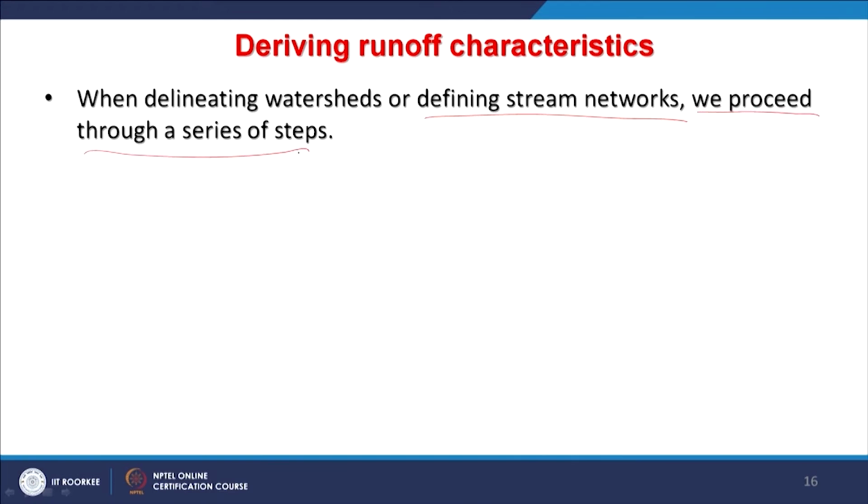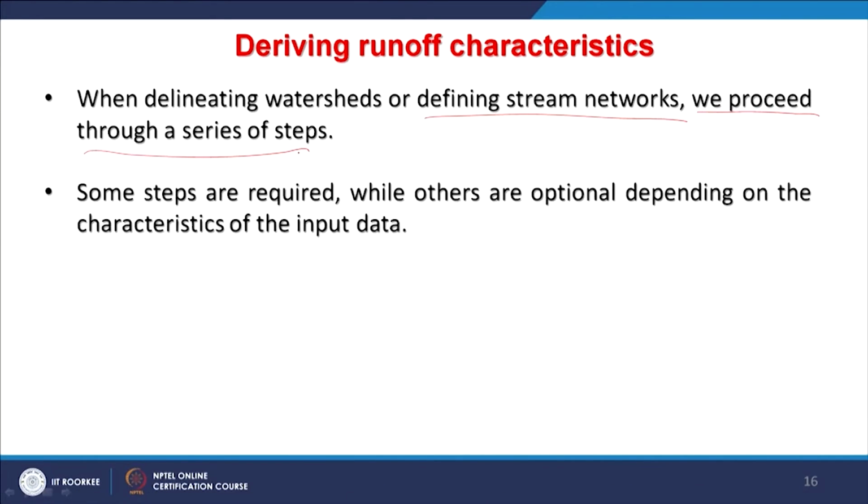That is why I said earlier that surface hydrologic modeling is sequential modeling. So, series of steps, one by one we will go. Some steps are required while others are optional, depending on the characteristics of the input data and whether we really require those outputs or not.